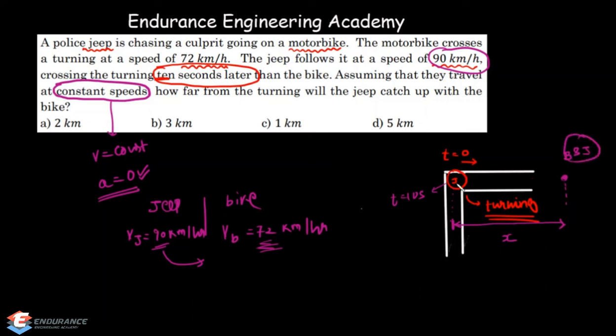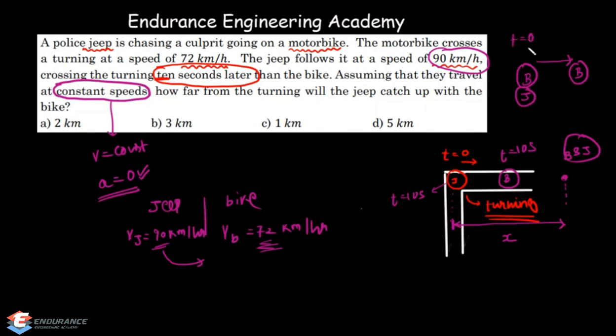When time is equal to 0 second, the bike was here. And when time is equal to 10 seconds, the jeep was here. So when time is equal to 10 seconds, the bike will be here. The bike would have traveled some distance. I hope it is clear. Initially, at time equal to 0, the bike was there. The bike was continuously moving. After 10 seconds, the bike will reach here, and at 10 seconds only, the jeep is entering that position.